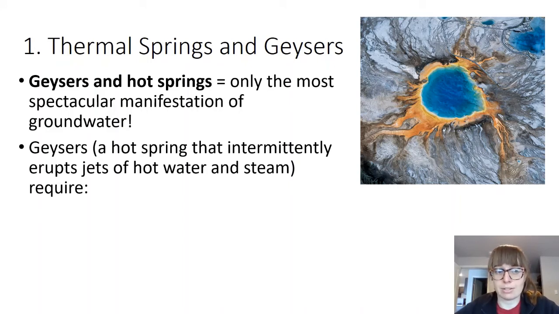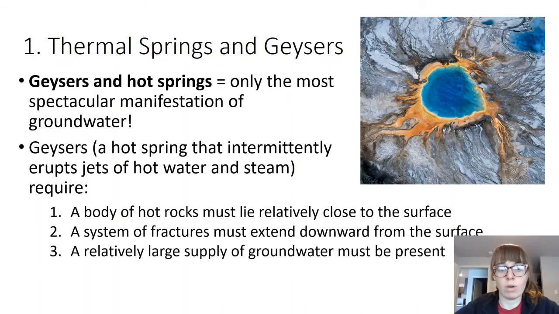These occur in places where you have recent volcanic activity. Geysers require a hot body of rocks lying relatively close to the surface, and that hot body of rocks is related to volcanic activity. You have to have some system of fractures extending downward from the surface, and you have to have a relatively large supply of groundwater available.